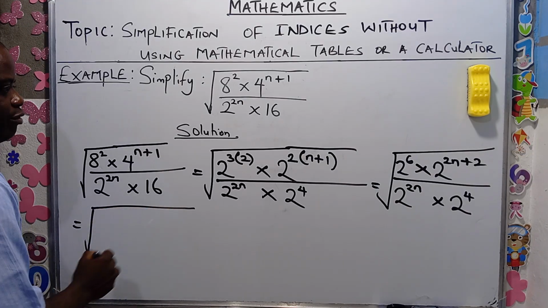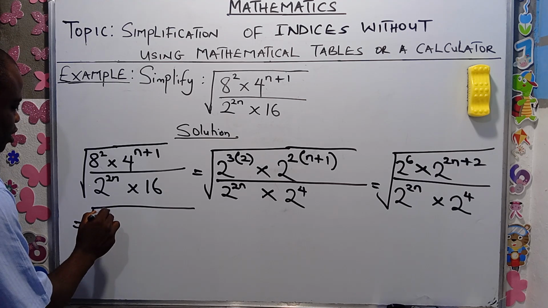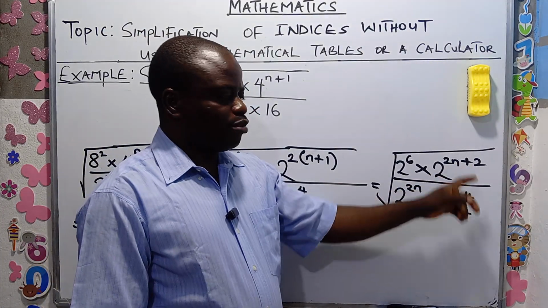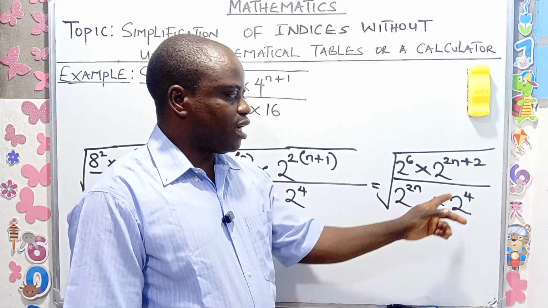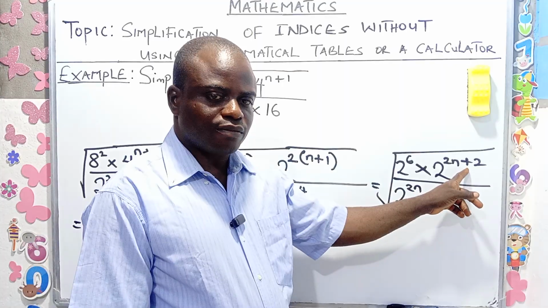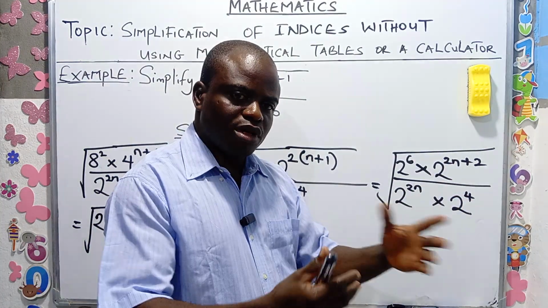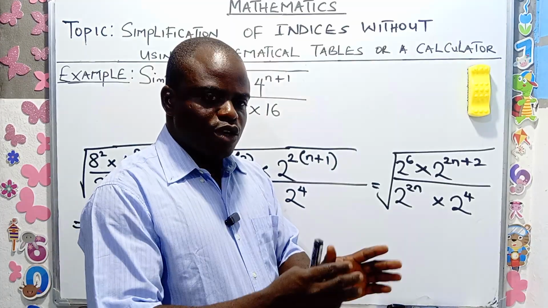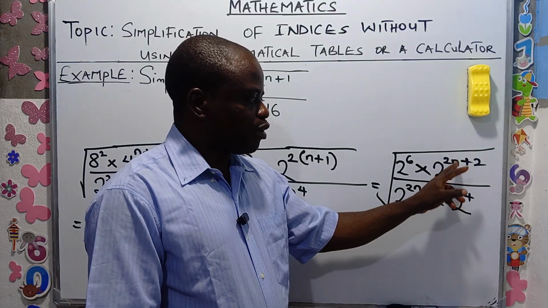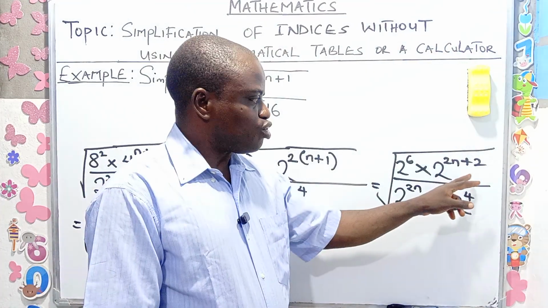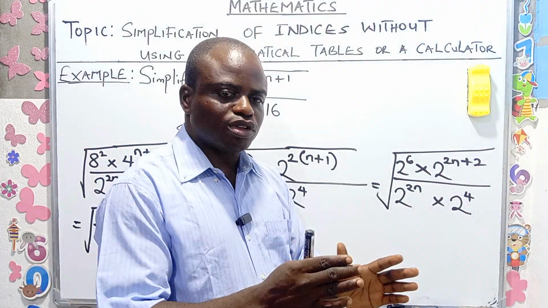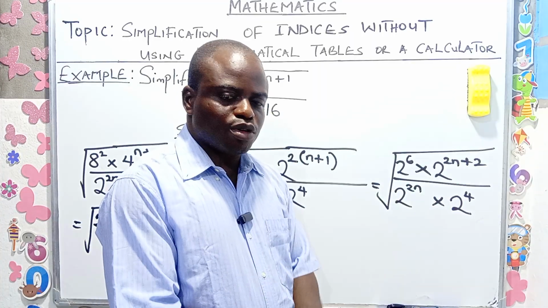Because of the square root of 2 raised to power 6 multiplied by 2 raised to power 2n plus 2, we are going to apply the laws of indices. When you are breaking it down, you are going to use 2 raised to power 2n times 2 raised to power 2, because the addition at the power will turn to multiplication.